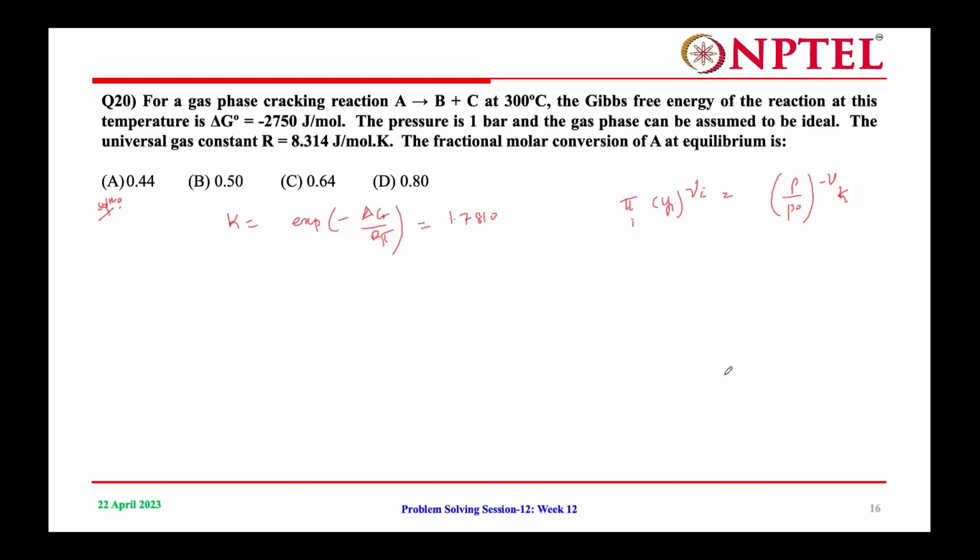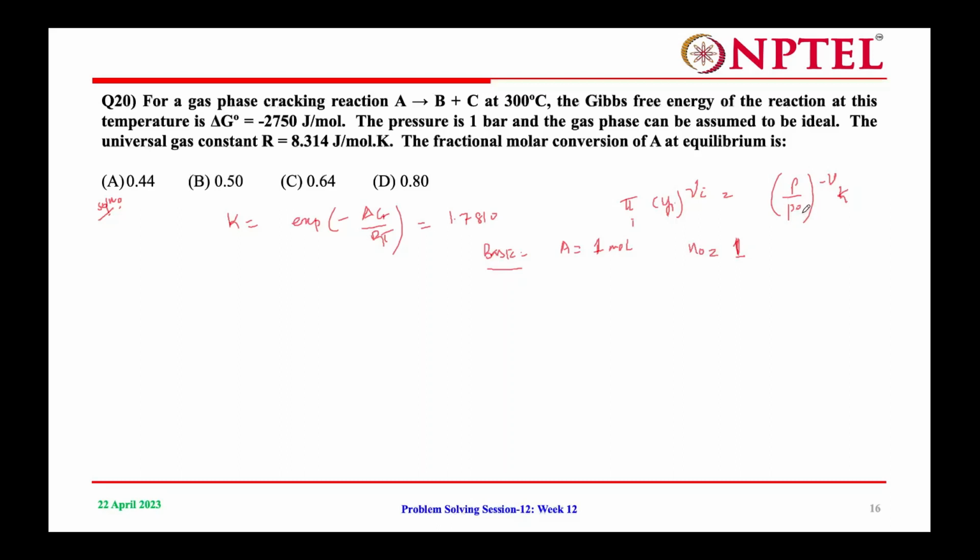So here, the total moles: the initial moles of A is equal to 1 mole, so A naught equals 1, right?